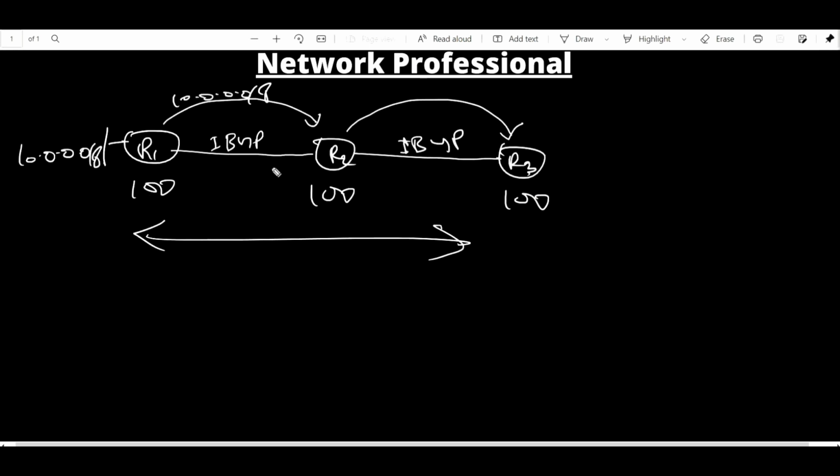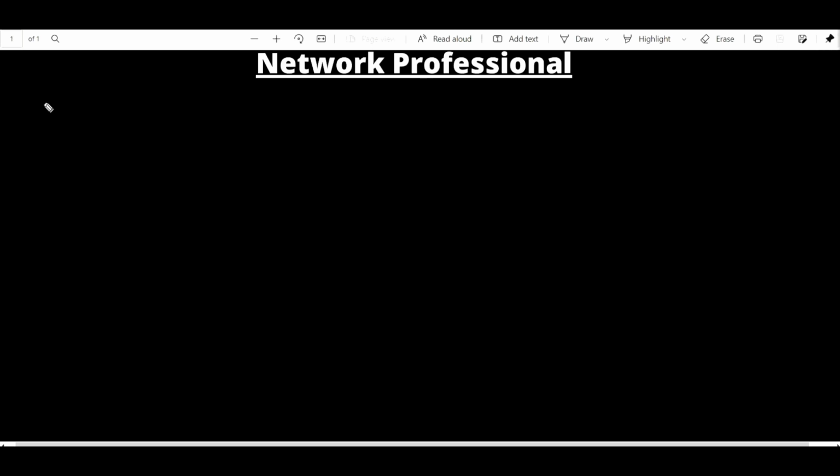Okay, so you know how we avoid loops in BGP? Yes, the rule is simple. If a router receives an update from an iBGP neighbor, then that router will never send that prefix to another iBGP neighbor, right? Fine. Let me talk first about the loop avoidance mechanism in eBGP.